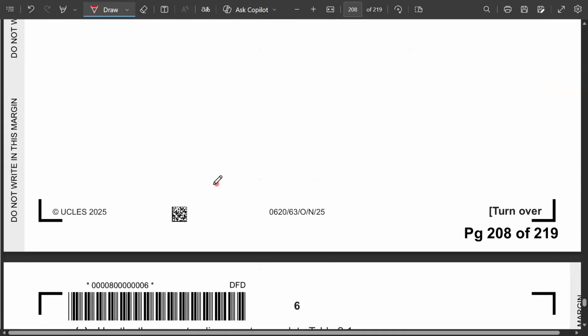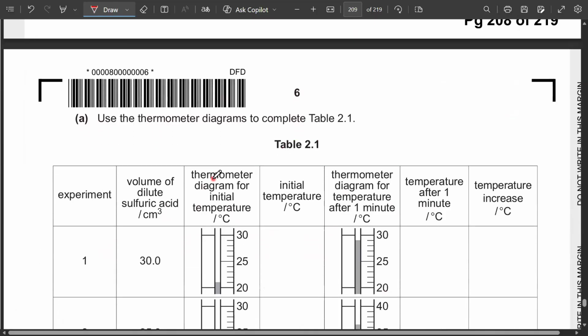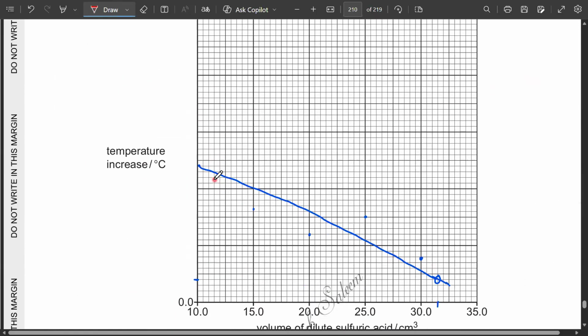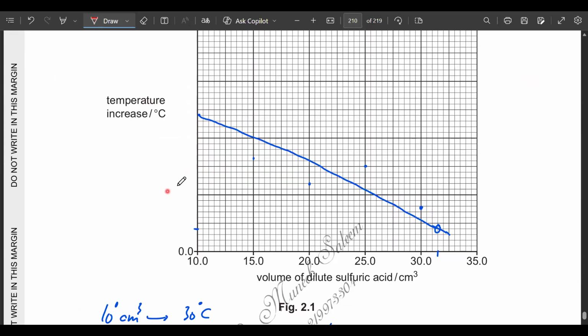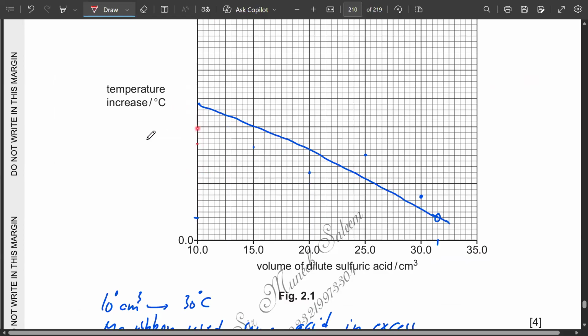Now we need to show that lessened temperature rise on the graph. So the temperature rise will be lowered, and we can say it will be below the already plotted line. There is no exact point where, but it will be lowered. You can plot from anywhere here. I'll plot something like this. It will go straight in the same direction as previously.